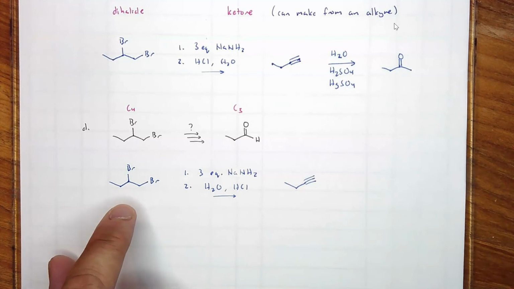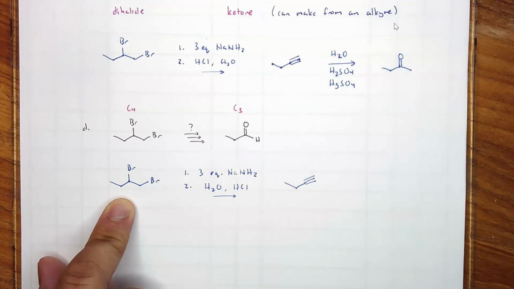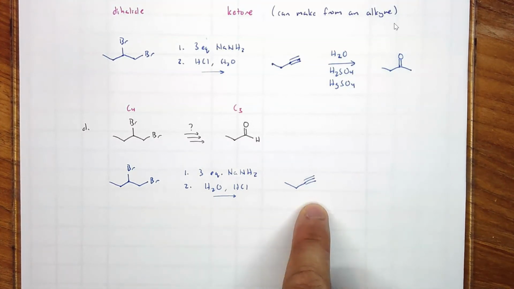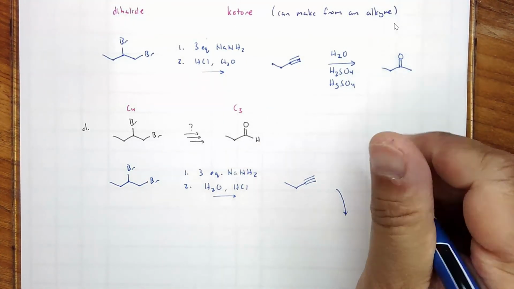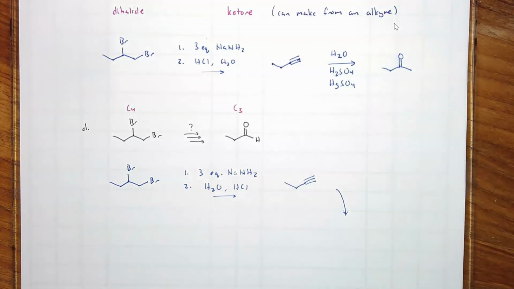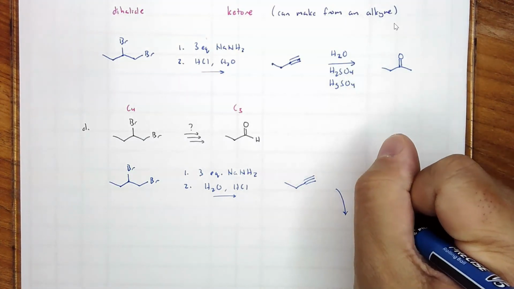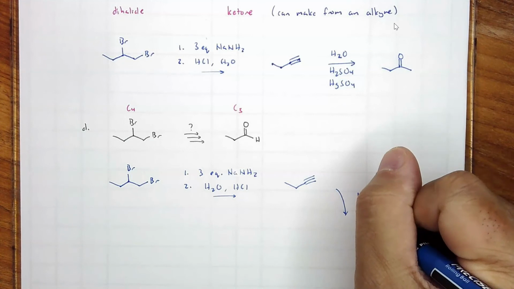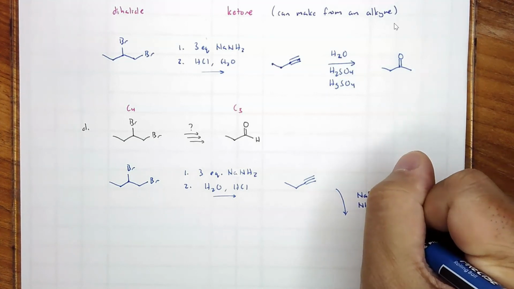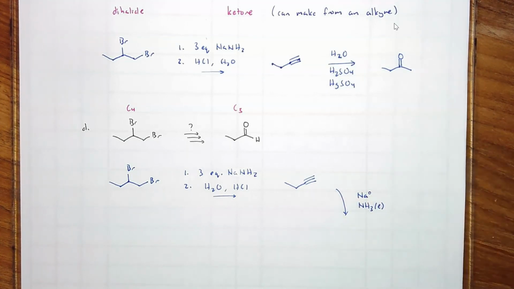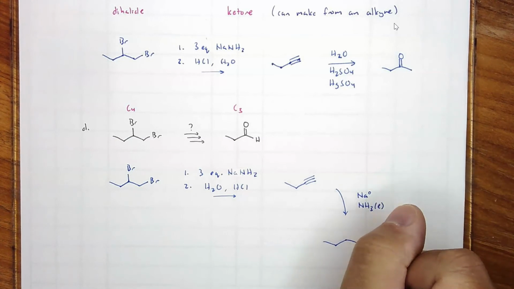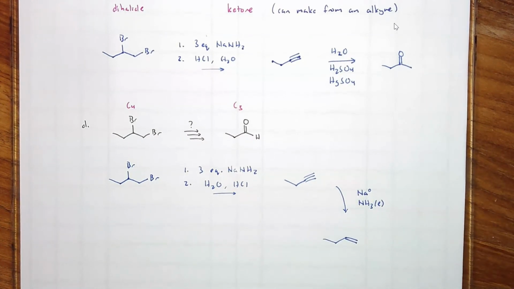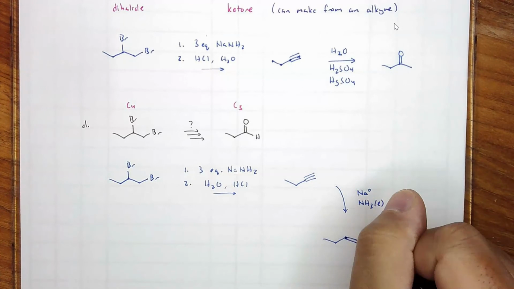There is no easy way to make this into a double bond without going through the alkyne, because here I'm going to use another reducing agent. You could use H2 and Lindlar's catalyst, but just for practice, I'm going to use sodium metal and liquid ammonia. This is called sodium metal liquid ammonia reduction, but you could have used Lindlar's catalyst as well. Do you see where I'm about to go?